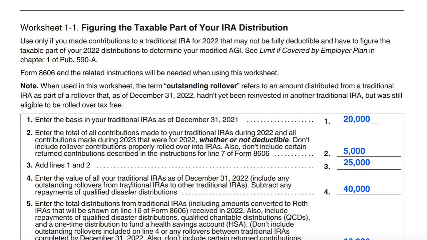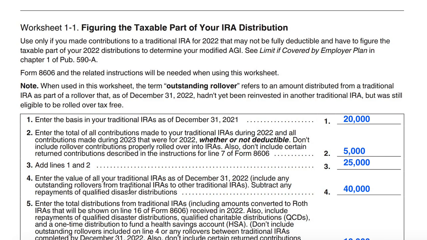We'll walk through this. Basically, if you have no basis in your IRA and you did Roth conversions, or you take a distribution, then you can consider it 100% taxable income. However, if you made non-deductible IRA contributions in the past, and you recorded them on IRS Form 8606, then there's going to be a part of that distribution that's not taxable, and that would be the basis.